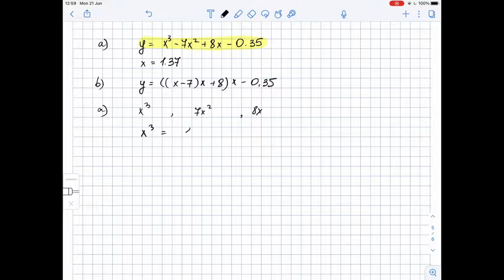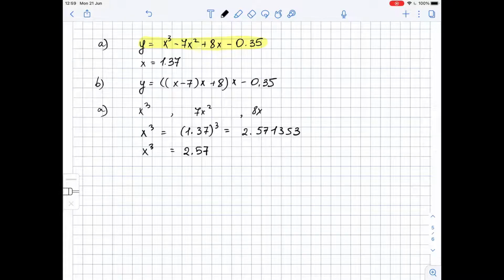So x cubed equals 1.37 cubed, which equals 2.571353. But here we need to do 3-digit chopping, so that means that x cubed equals 2.57.